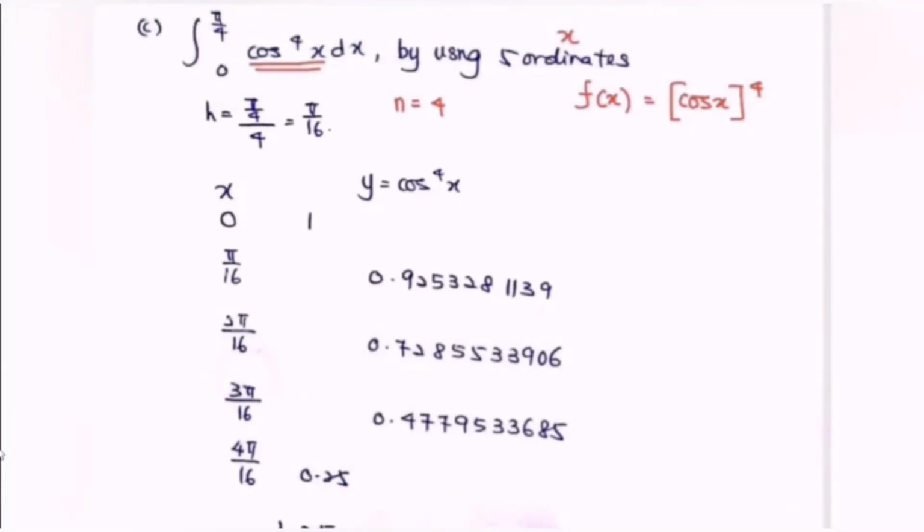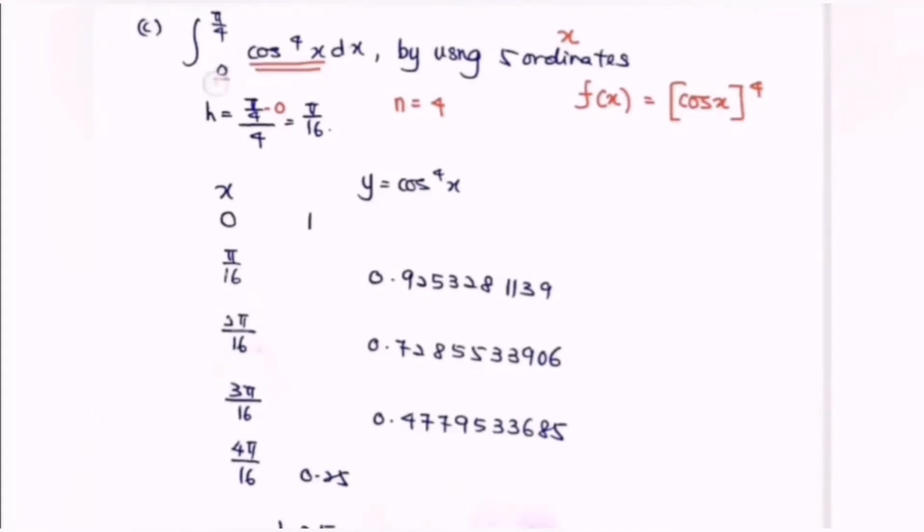Find the value of h, or the width. The width will be pi over 4 minus 0, divided by n, where n is equal to 4. So the width will be pi over 16.